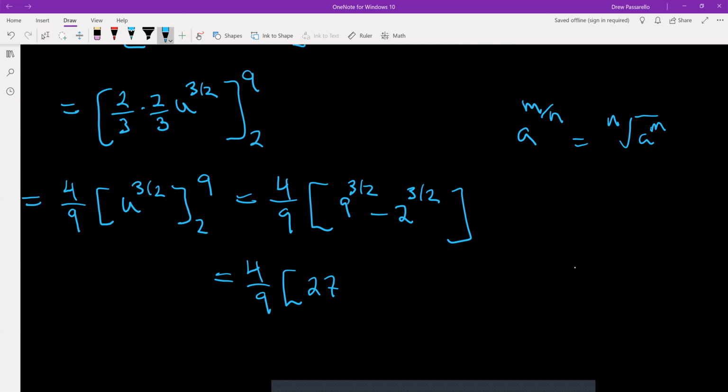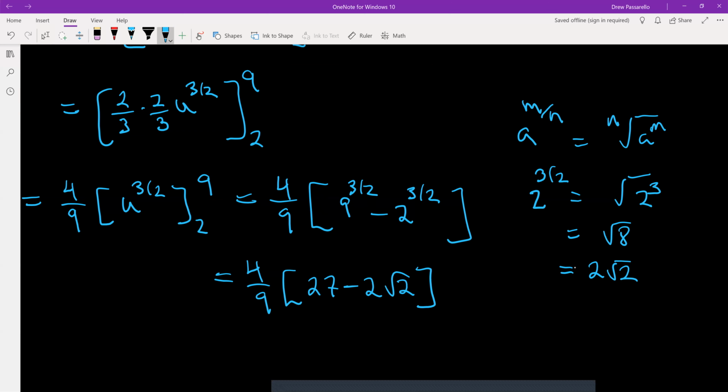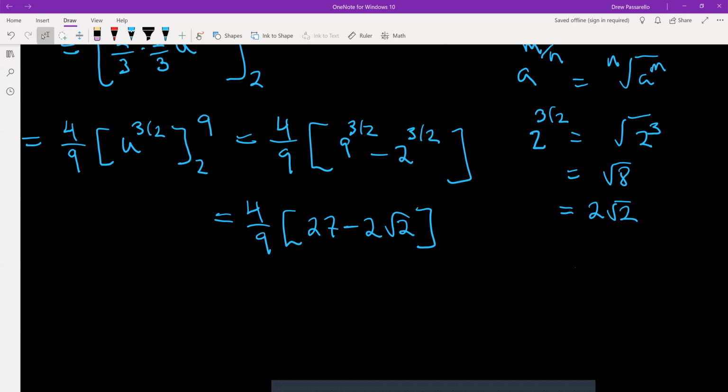So for 2 to the 3/2, the index is 2, but they don't write the 2 for square root, and then 2 cubed. So we have the square root of 8, which we can simplify to be 2√2. So we have 27 minus 2√2, and then you distribute the 4/9.